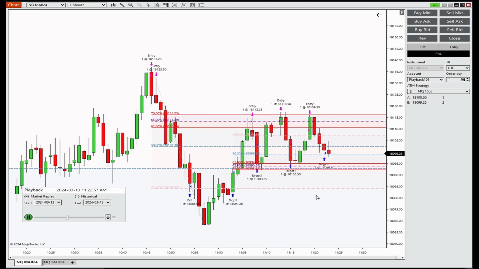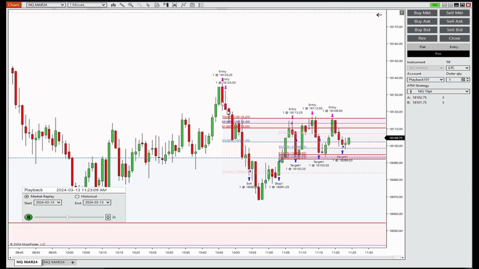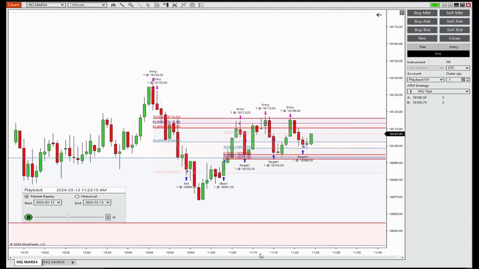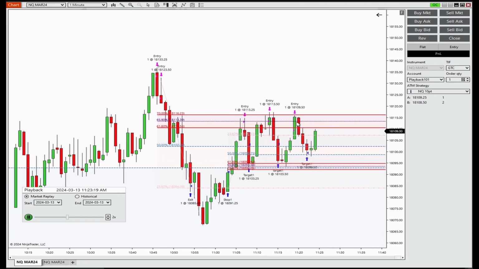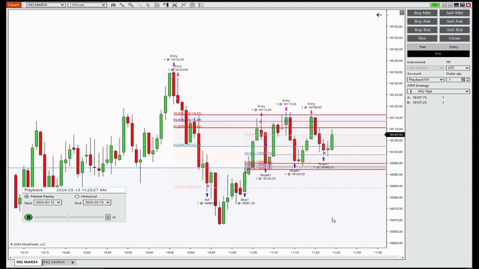And I'd actually argue that the only reason we're making money on any of this in here, or at least that one, is because we're in line with the higher time frame and the objective. Even when we're doing stupid stuff like shorting in the middle of a candle like that.